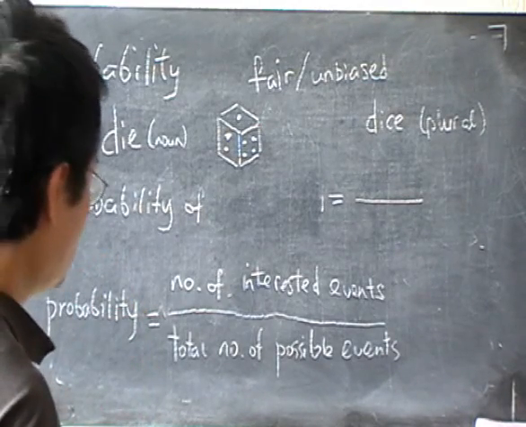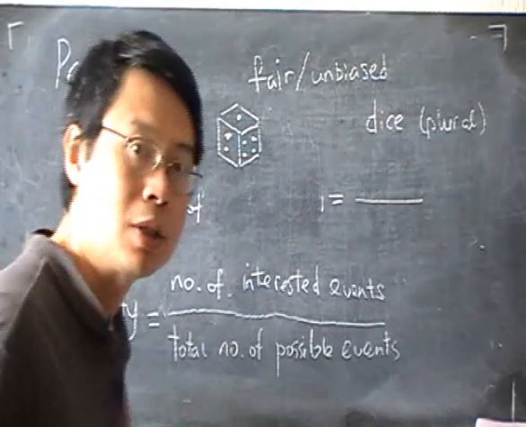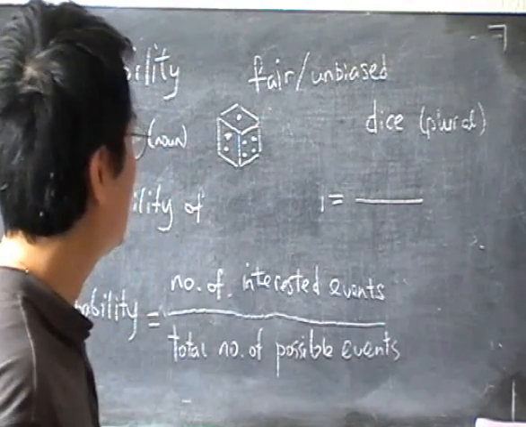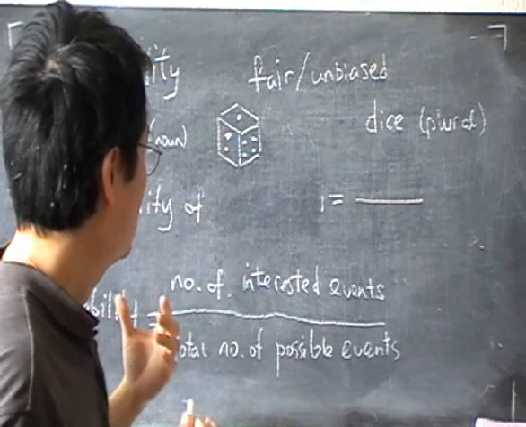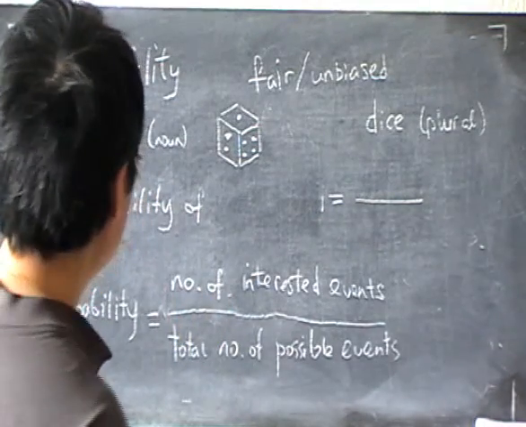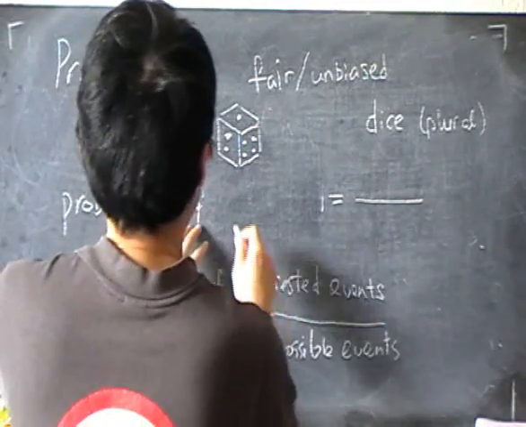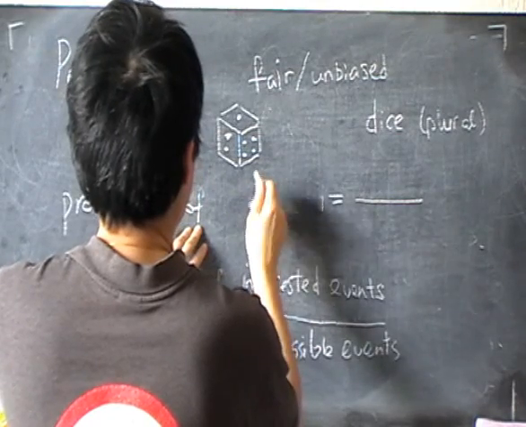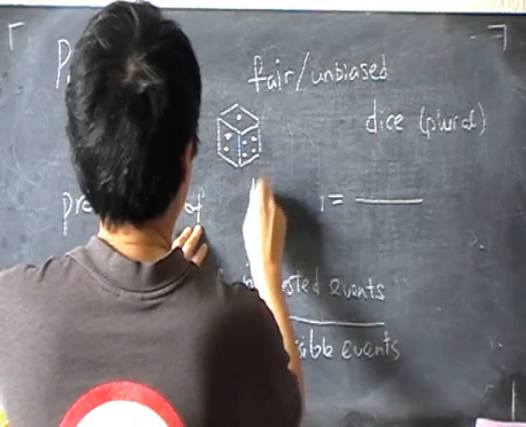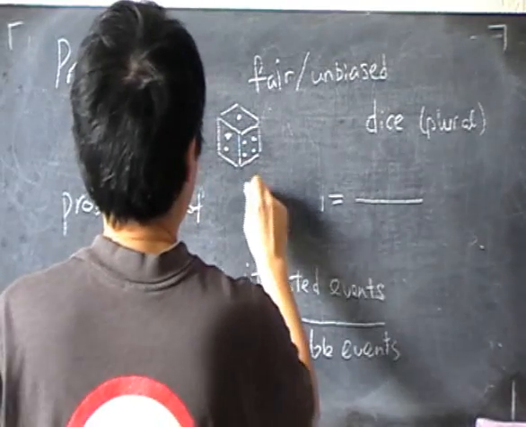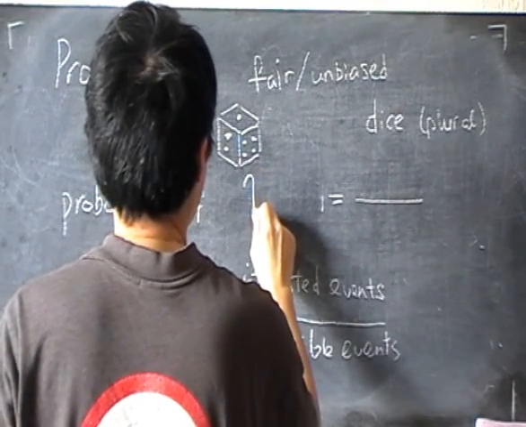So suppose that I am interested in the probability of getting, say, the number 1. No, I'll make it 2.